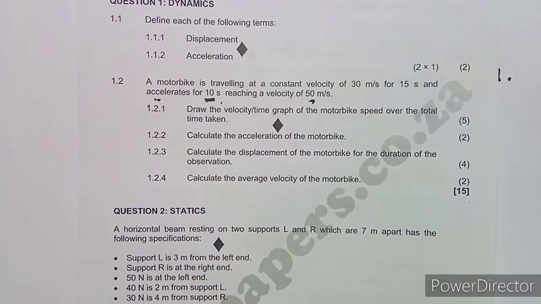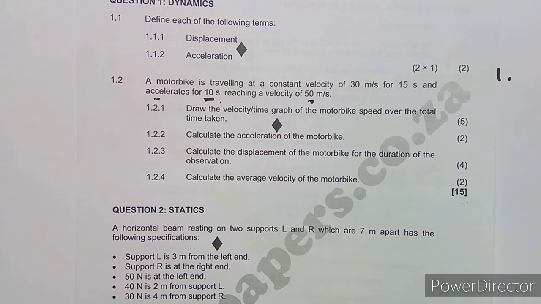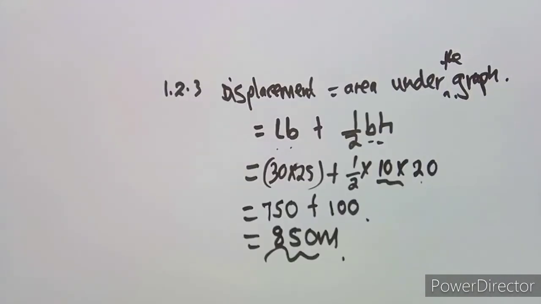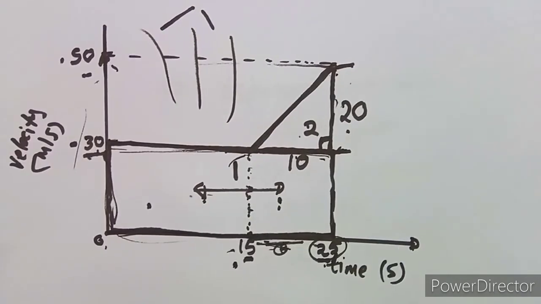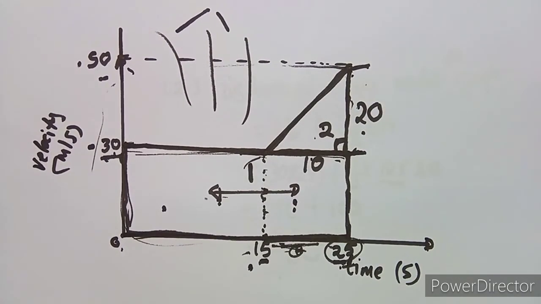All right, then the last part, which is giving 2 marks, is to calculate the average velocity of the motorbike. What is going to be the average velocity of the motorbike? So remember, guys, velocity is all about the displacement or the distance which was taken over the total time.